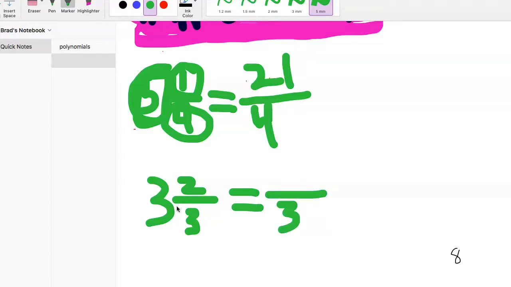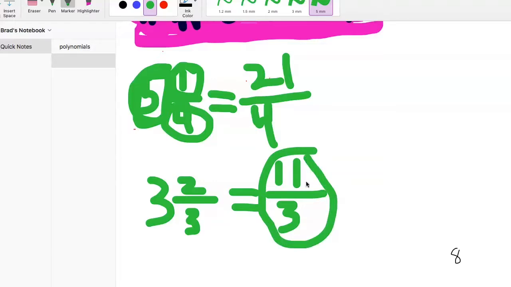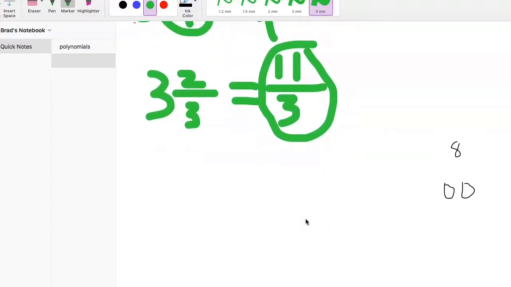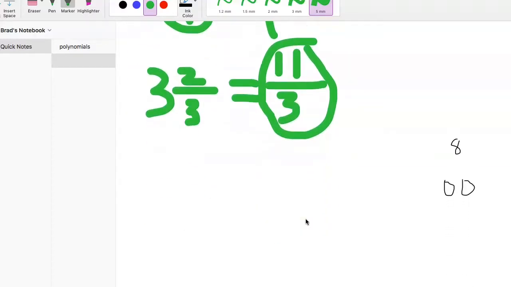Okay, the big 3 times the little 3 is 9, plus 2 is 11. 11 thirds, right? And again, this number right here, 11 thirds, if the top is bigger than the bottom, the numerator is bigger than the denominator, that's called an improper fraction.